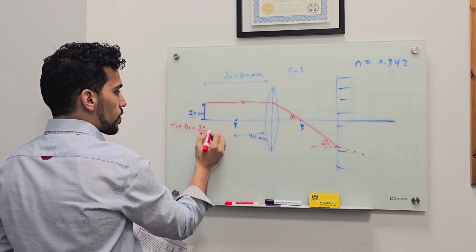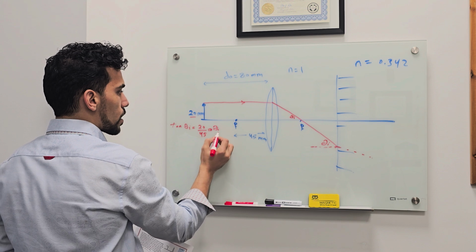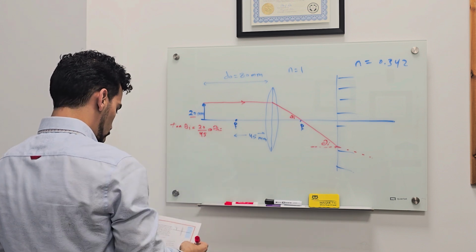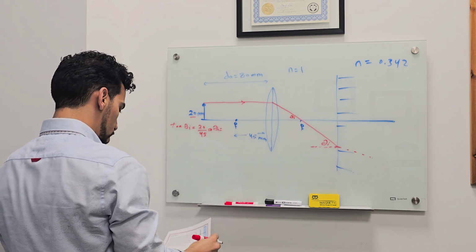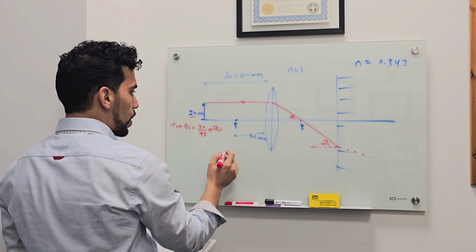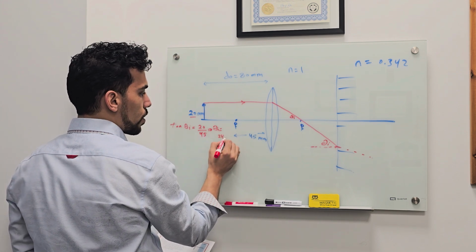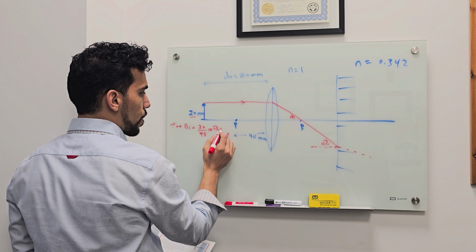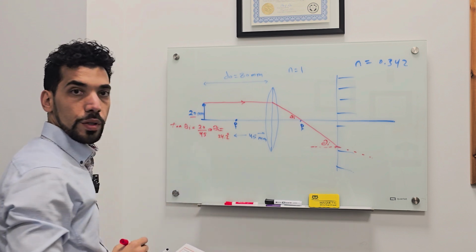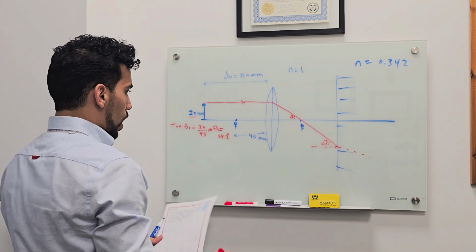And this gives us that theta incident is equal to 24.2 degrees.